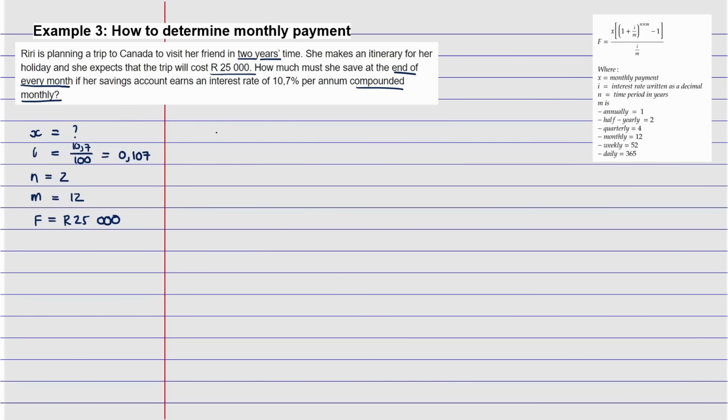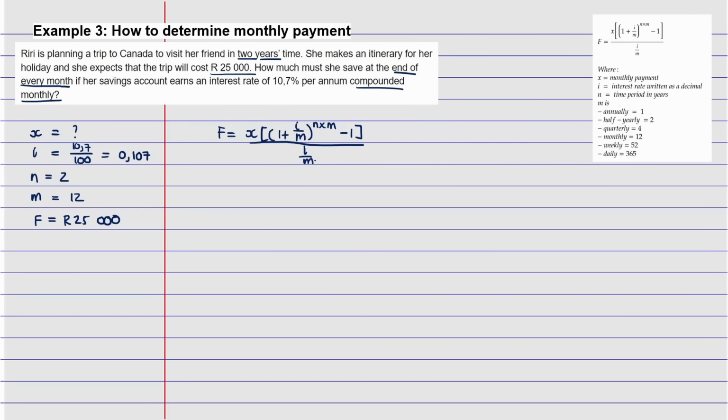So first we're going to write the formula for the future value. So it's going to be F is equal to X, open bracket, 1 plus I divided by M, to the power N multiplied by M, minus 1, and this whole thing is divided by I divided by M. So now before substituting, I'm just going to make X the subject.